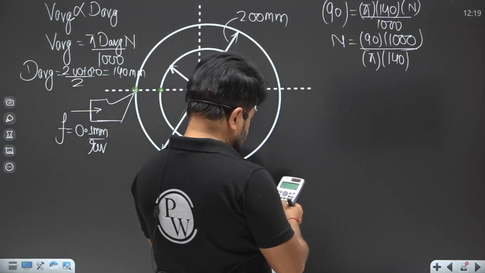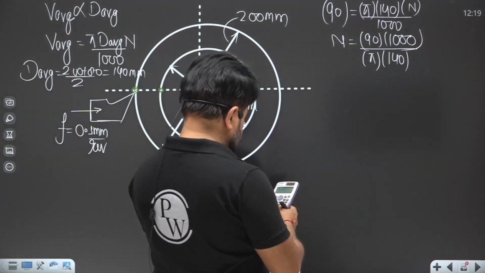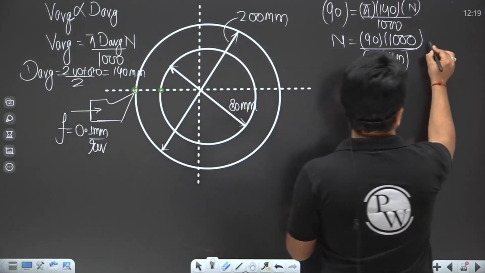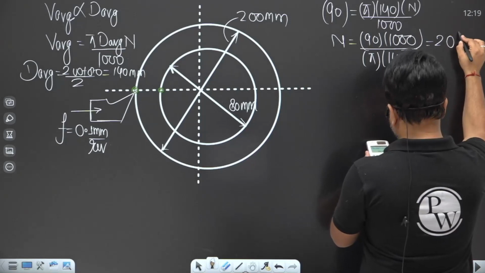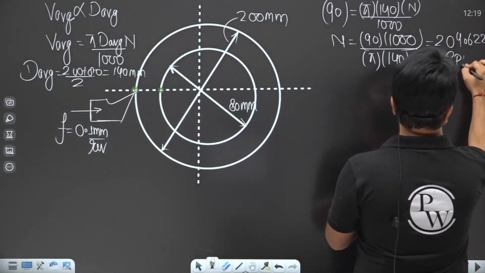So it is coming 204.622 RPM, revolution per minute.